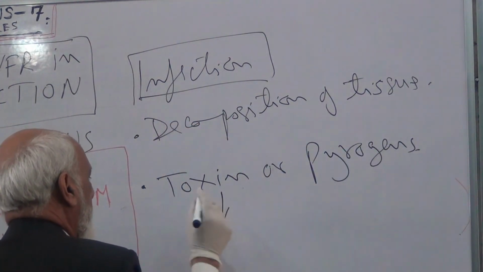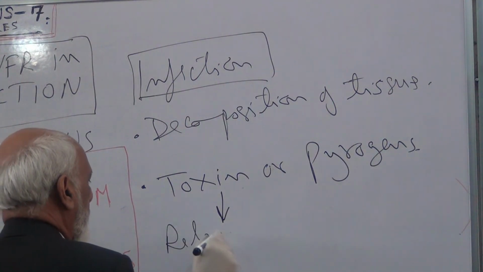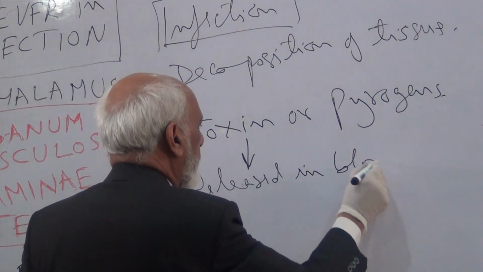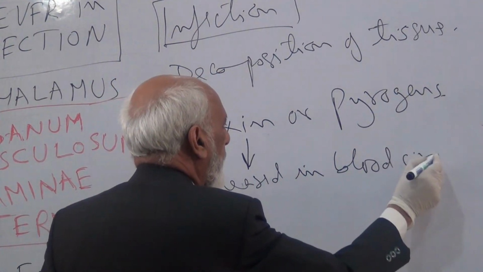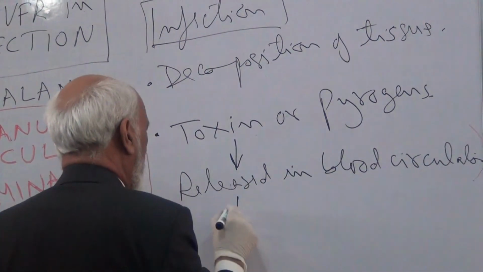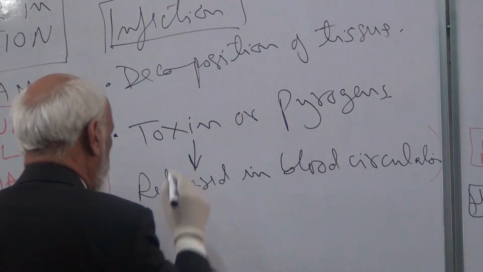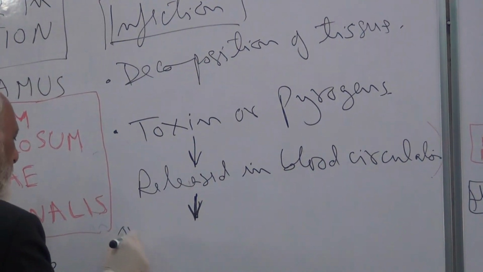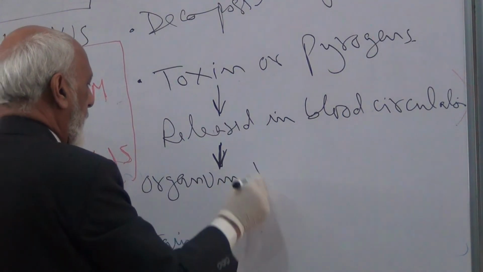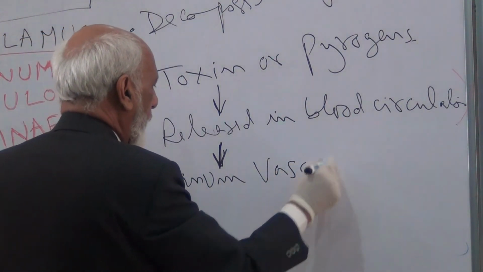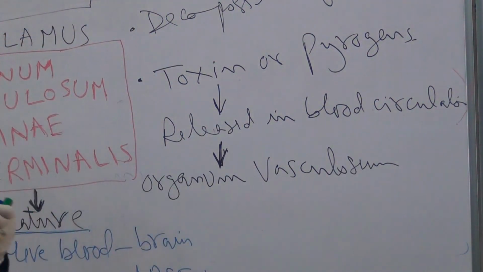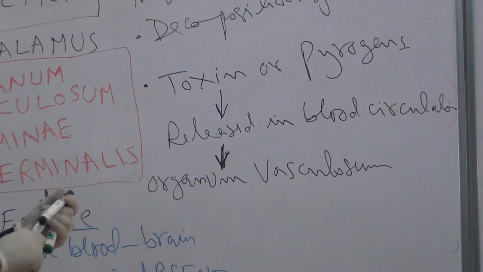These toxins are released in the blood circulation. And through blood, these toxins reach the organum vasculosum located in the lamina terminalis.